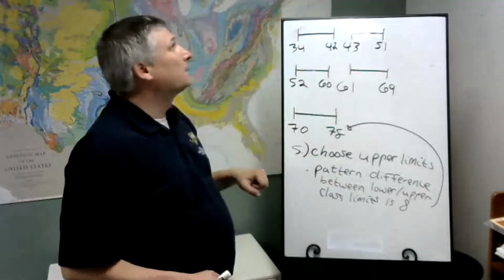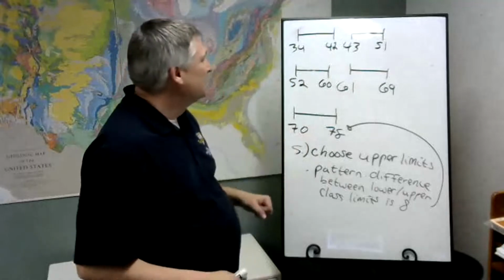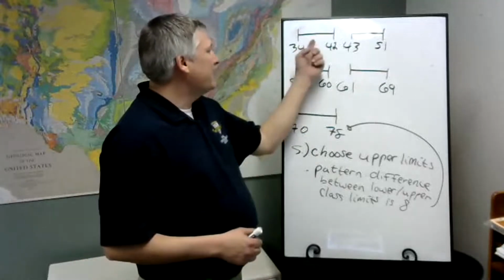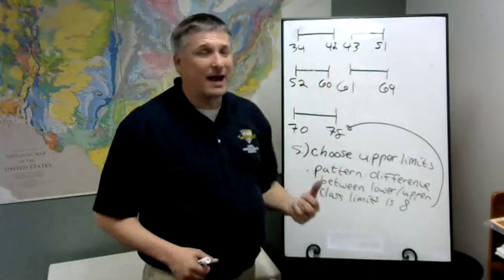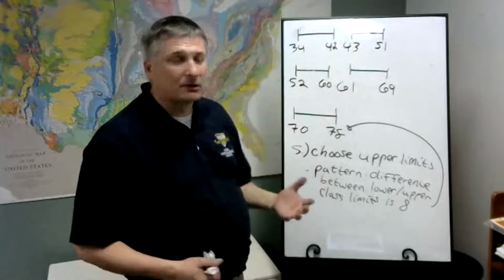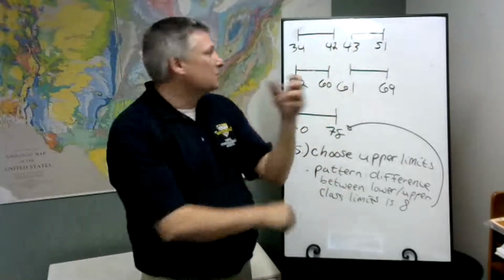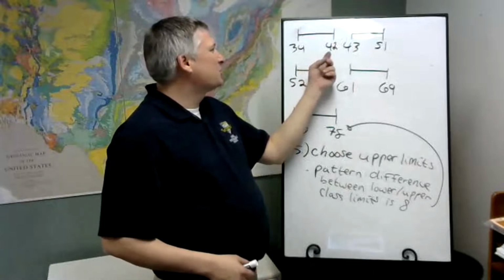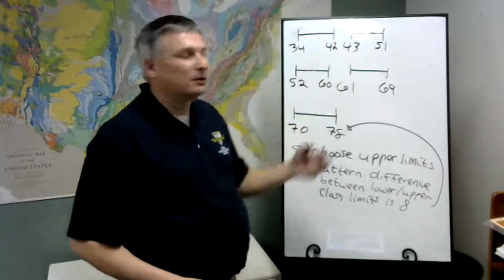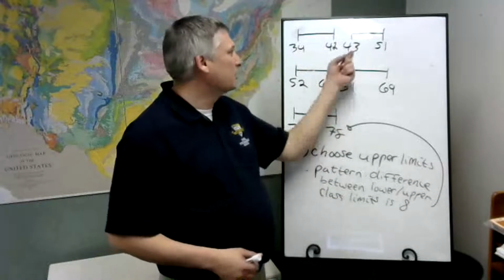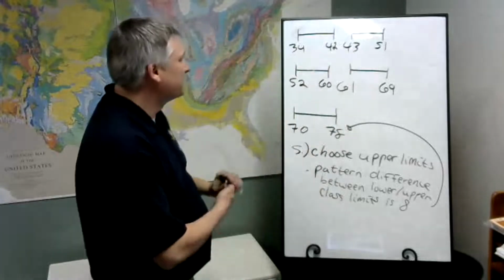upper class limits. So all my data is going to end up in one of these 5 classes. It's not going to end up in the gaps. So it was okay to choose the integer that's close to the next lower limit. I chose 42 since the lower limit for this class was 43.